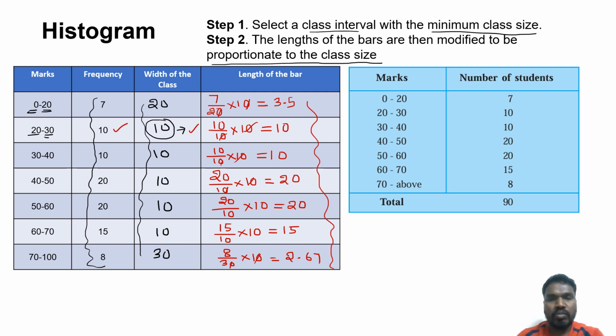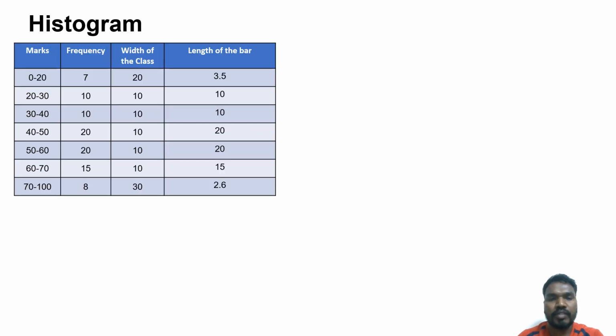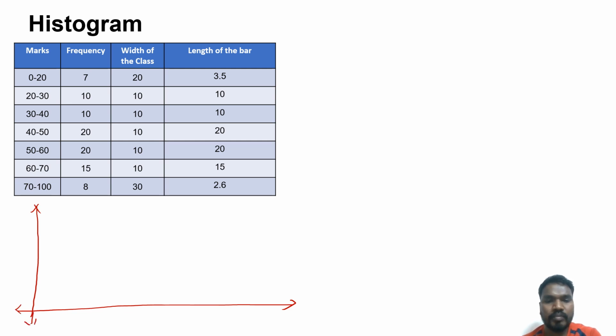Okay, now let us construct the histogram with the new frequencies. How will we construct it? Here I'm taking this color. The class intervals are 0, 10, 20, 30, 40, 50, 60, 70, 80, 90, 100.